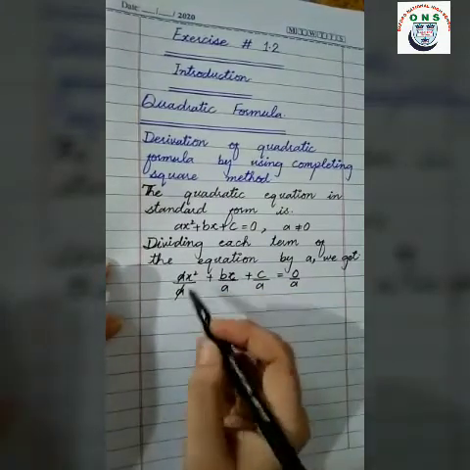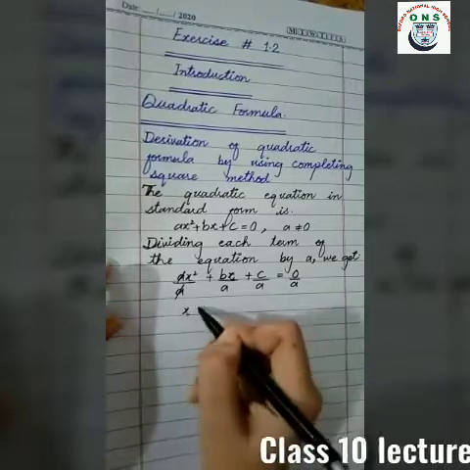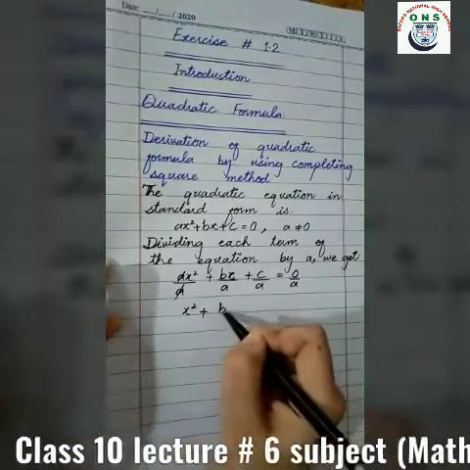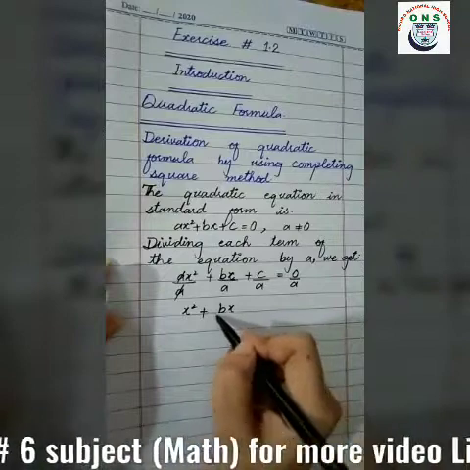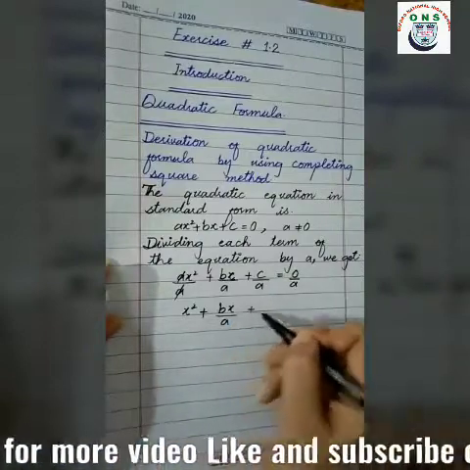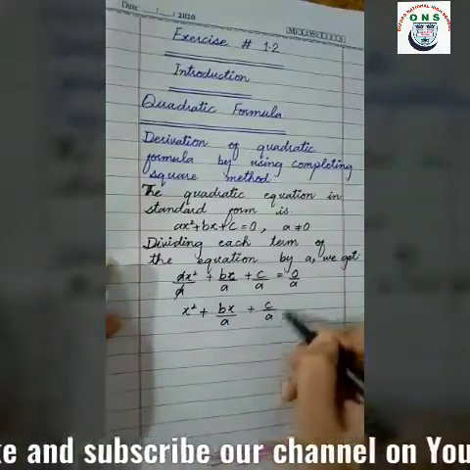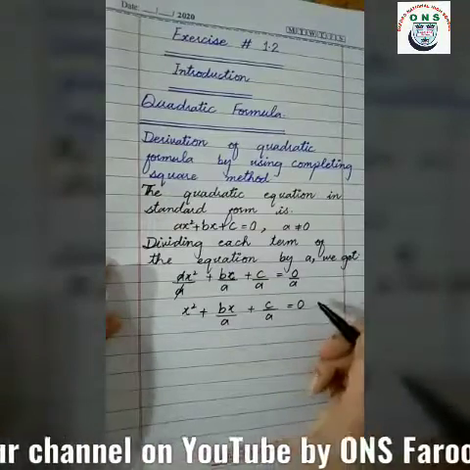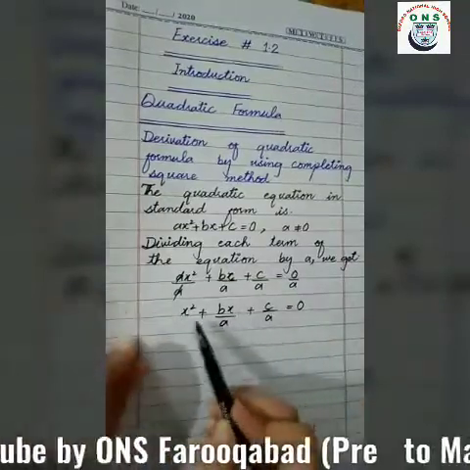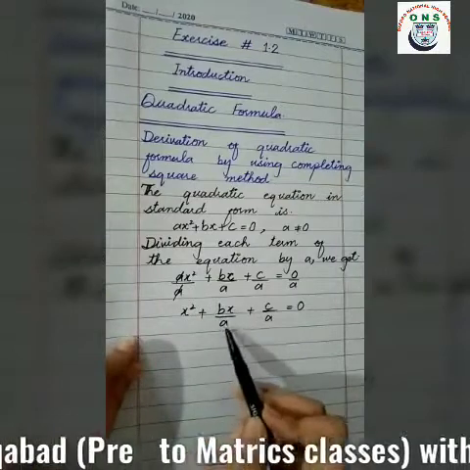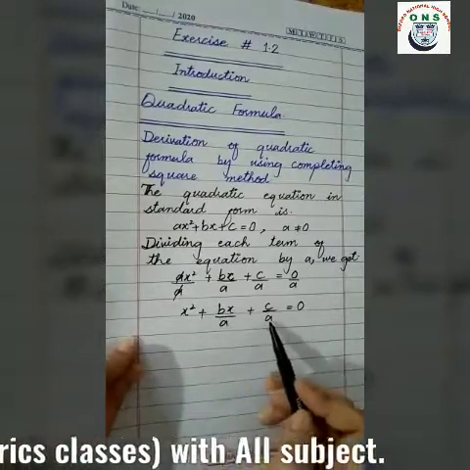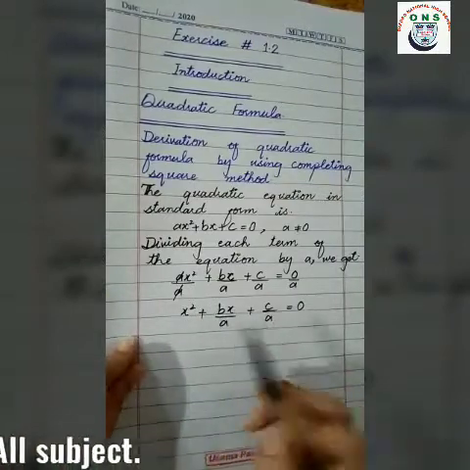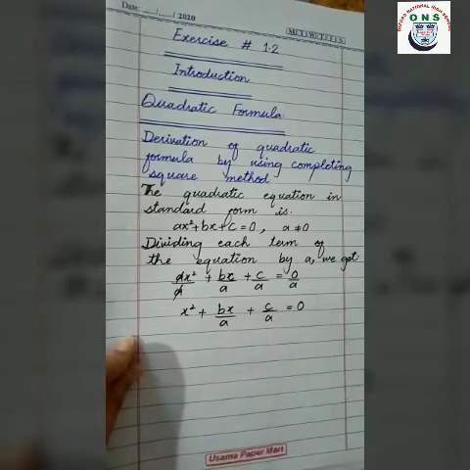So what is left here? x square plus bx by a plus c by a is equal to 0. Students, x square plus bx by a plus c by a, that is constant. So we have to shift it on the other side, on the right side.